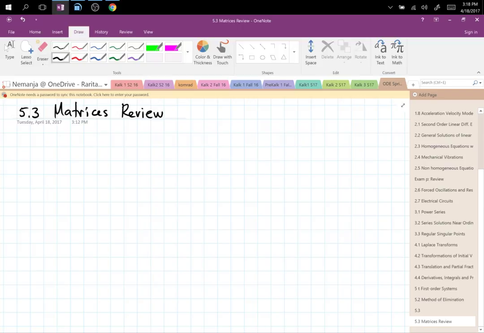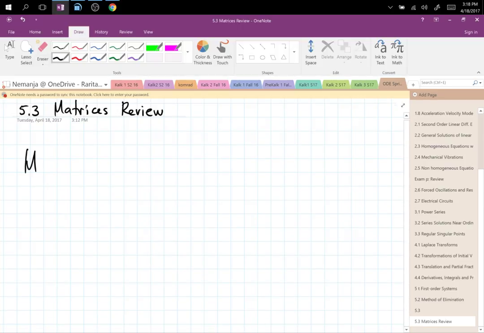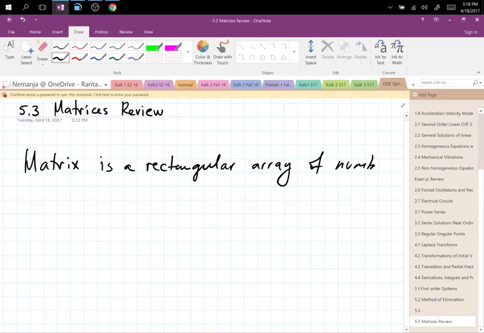So, a matrix is a rectangular array of numbers. Could be functions, could be other objects, but numbers.